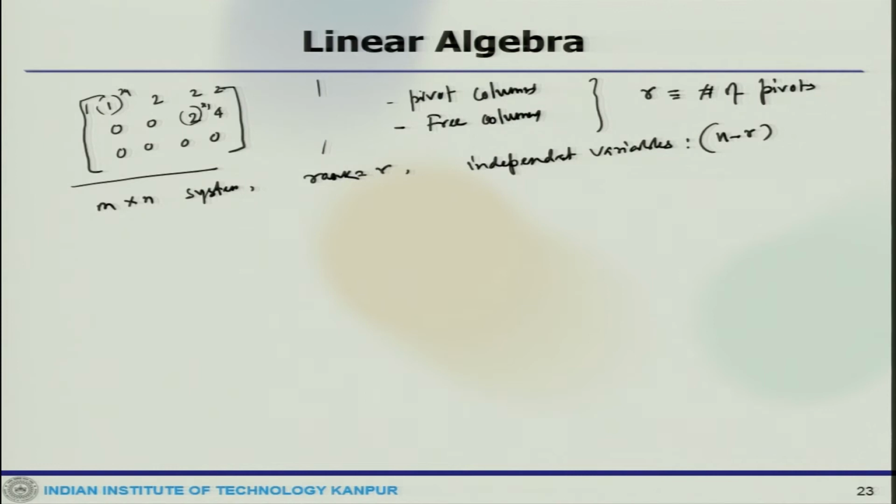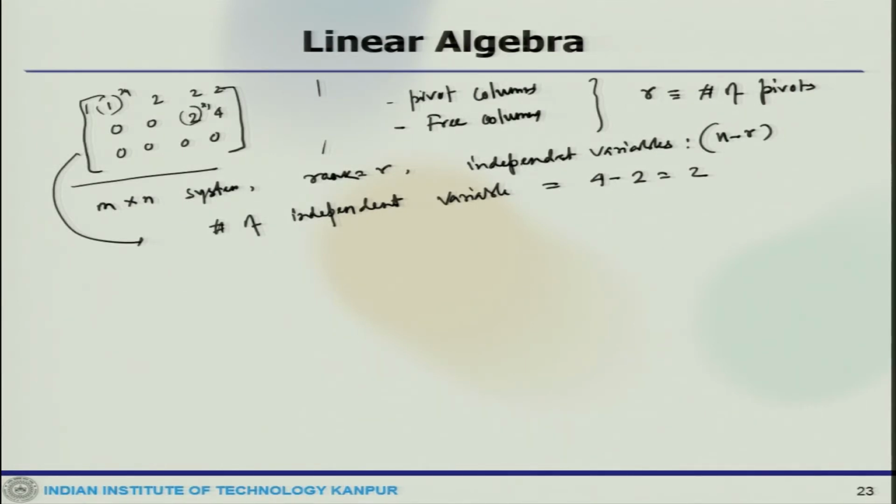For this particular example, the number of independent variables equals 4 minus 2, which is 2.